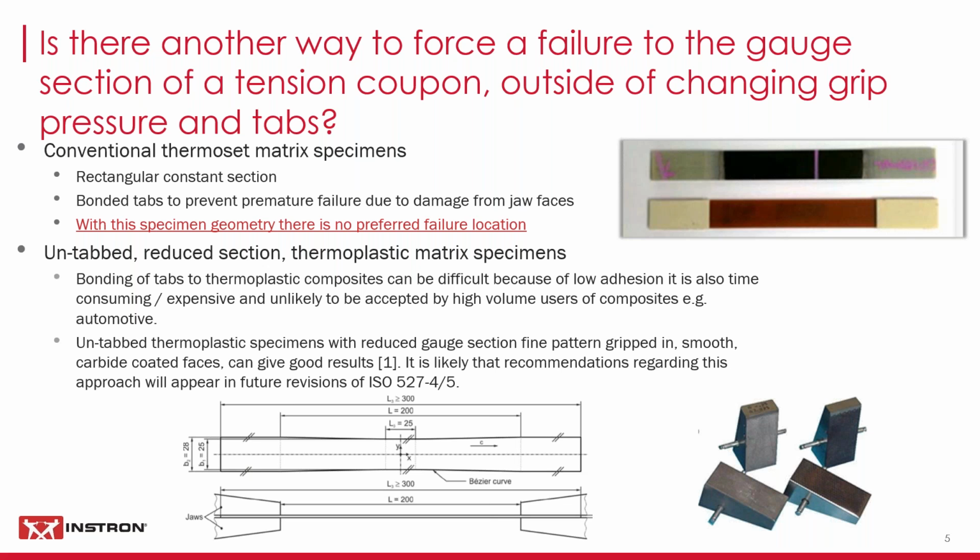And also these specimens coupled with smooth, but high friction jaw faces, like tungsten carbide coated jaw faces, which can grip the material without damaging it, seem to provide an effective solution. And that will probably be incorporated into the next revision of ISO 527 parts 4 and 5, which are the composite sections of ISO 527.